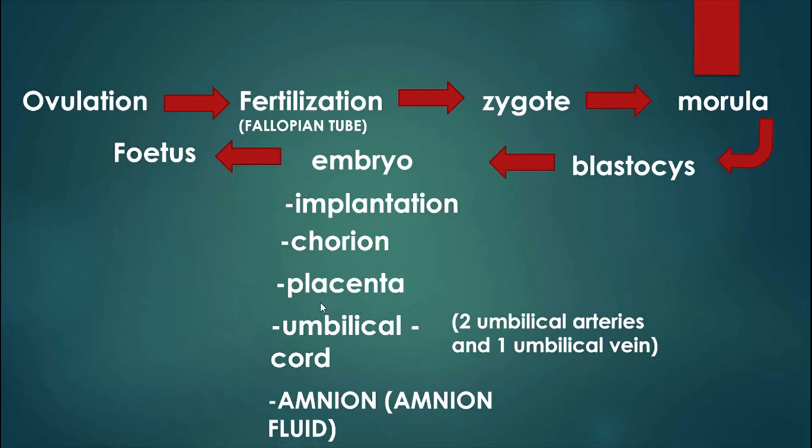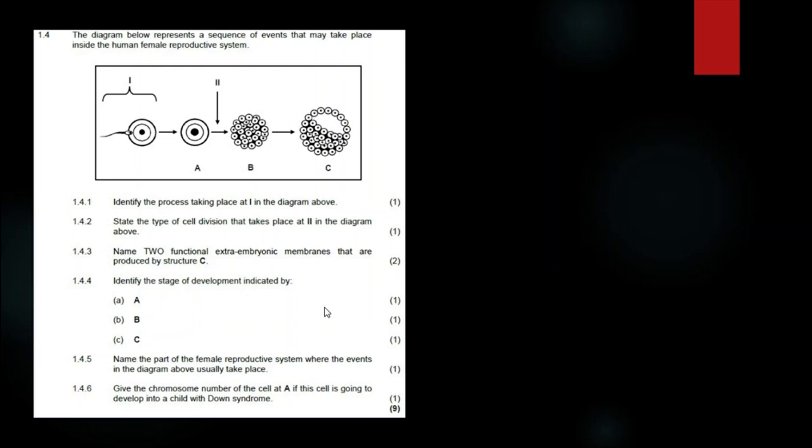We have the next question, identify the stage of development indicated by A. A is zygote, B is morula, C is blastula or blastocyst. Name the part of the female reproductive system where events in the diagram usually take place. The answer is the fallopian tube. Give the chromosome number of the cell at A if the cell is going to develop into a child with Down syndrome. The answer is 47.